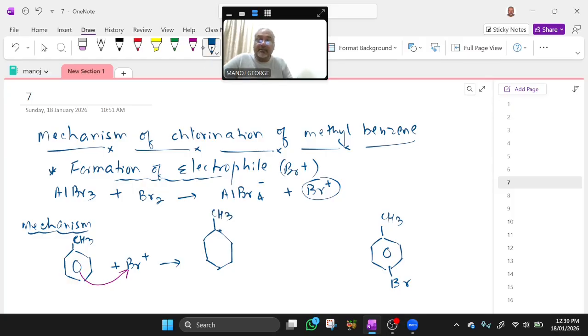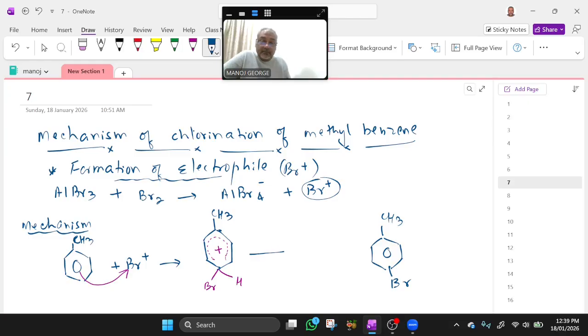So the pi electron system will be redistributed like this. This particular carbon will be empty. I mean, it won't be in the pi electron system. I can put H here, I can put Br here. Don't forget the plus sign. This is what the reaction intermediate should look like.